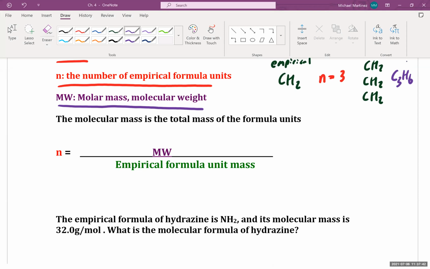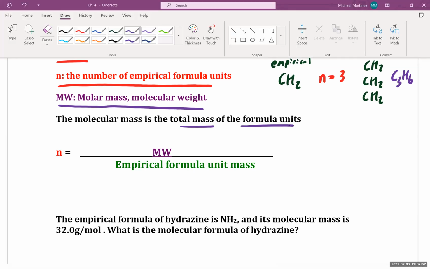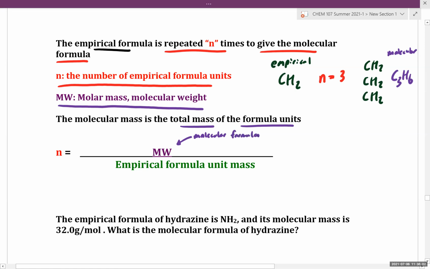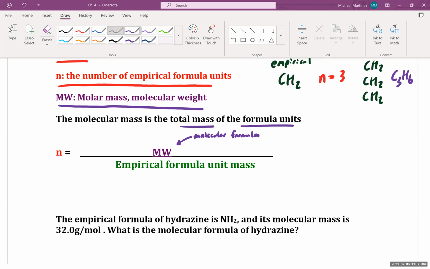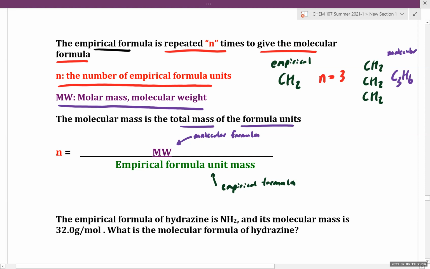the molar mass can be thought of as the total mass of each of these empirical formula units. Thus, if we know our molecular weight, this is from our molecular formula, and we know our empirical formula unit mass that we get from our empirical formula, we can calculate the number of empirical formula units.